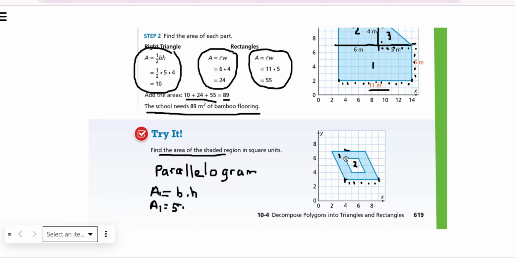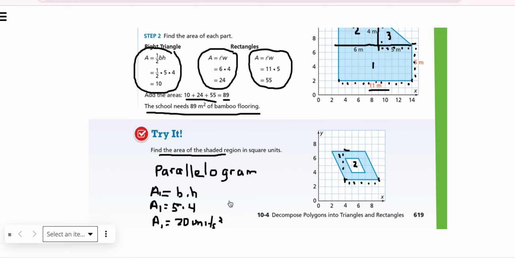I'm going to go this way, 1, 2, 3, 4 boxes. So the height is 4. So 5 times 4. So the area of the big parallelogram is 20. And this is going to be units, because I don't know what units, so I'm just going to write units square. So I'm going to put a little square on the top.